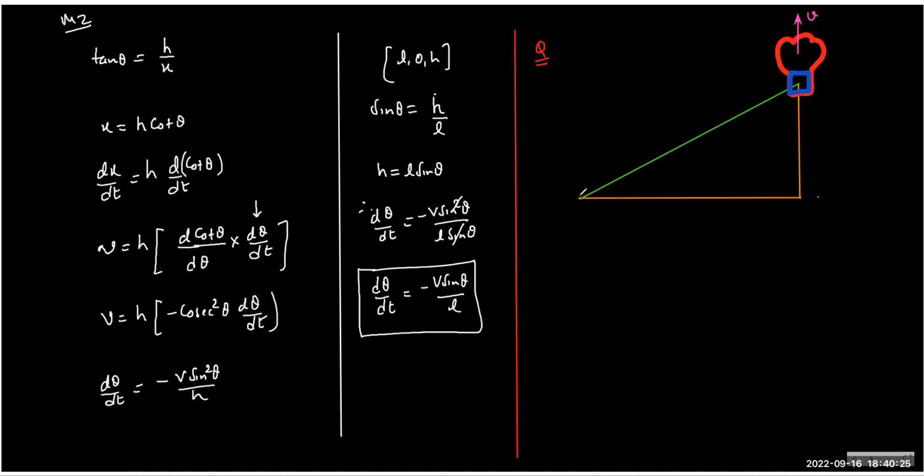So again, it's the same thing. We have a reel here. Let's say we have a thread connected. Now here D is constant. So what will change here? I can say L will change as well as Y will change from the reference. Let's say the horizontal line is the reference.